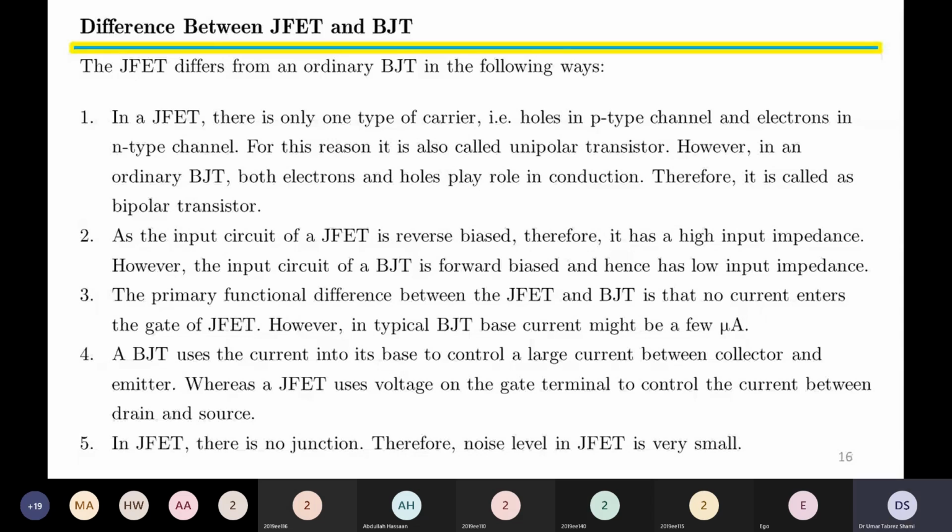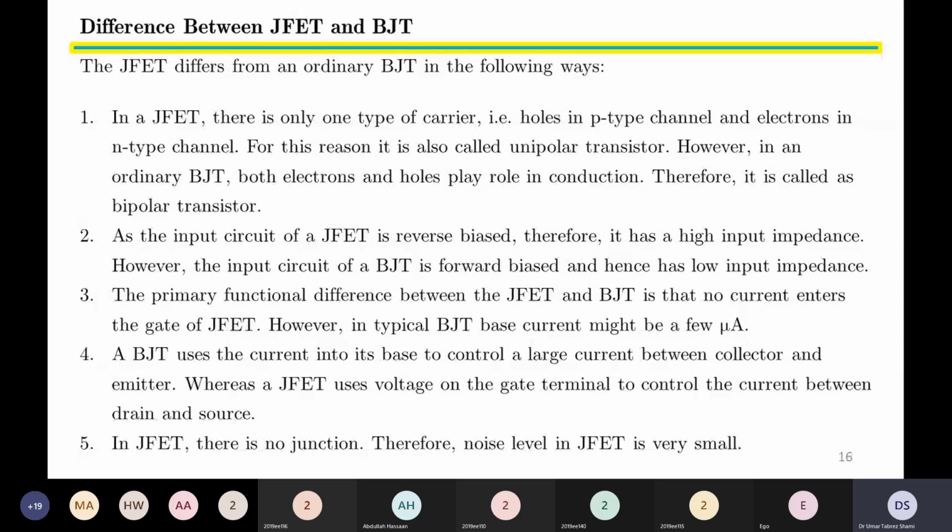A BJT uses the current into its base to control a large current between collector and emitter, whereas a JFET or a FET or a MOSFET uses voltage on the gate terminal to control the current between drain and source.